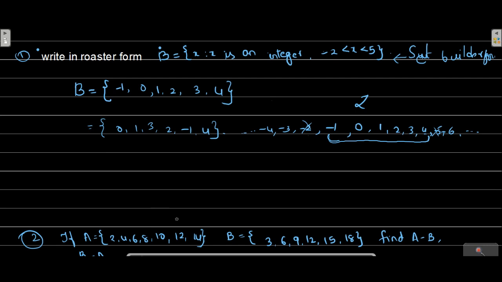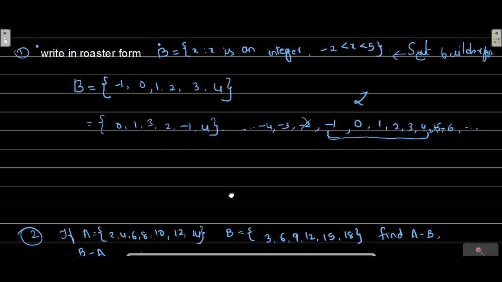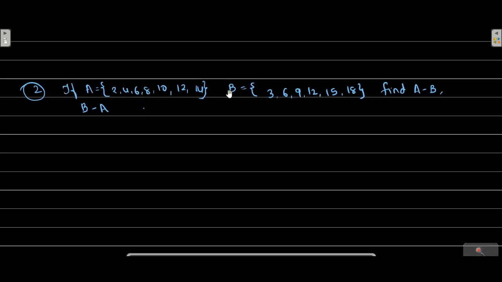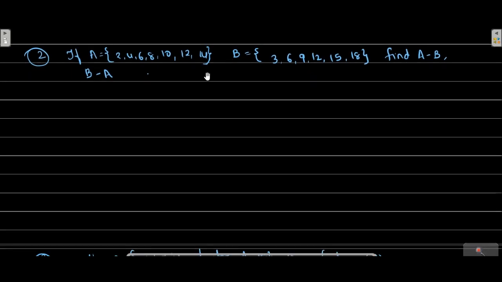Now coming to the next question. Here A and B are two sets given. We need to find A minus B and B minus A. So for this, let us draw this in the form of a Venn diagram. I will show you a trick which is quite easy.